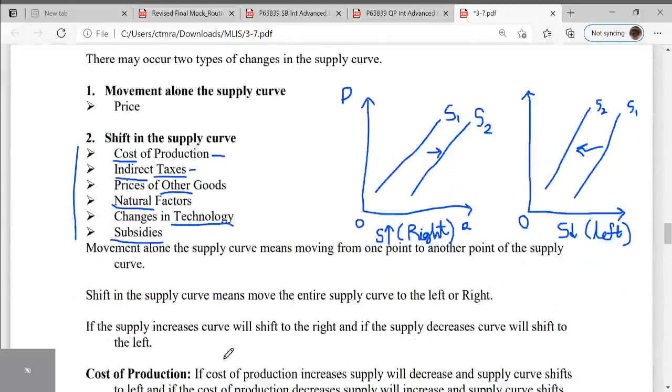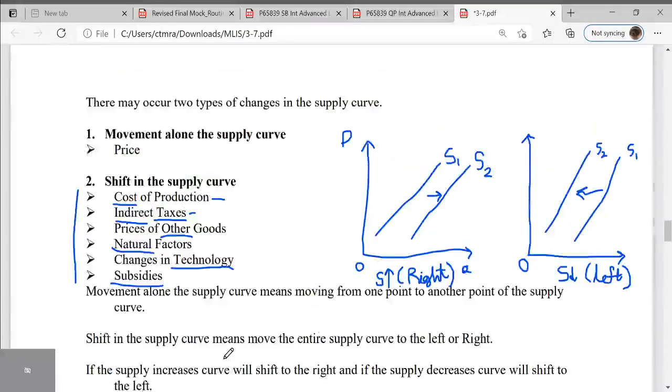Let me give you some cases. Suppose in the current situation, the price of watermelon is increasing, right? Have you noticed that the price of watermelon is increasing? So what will happen to the supply?